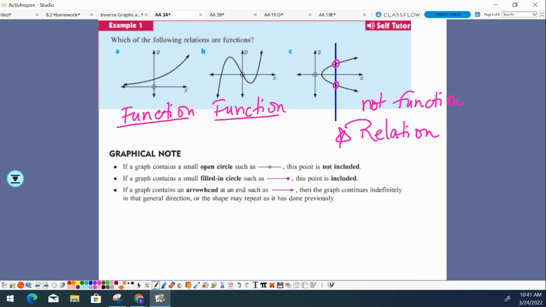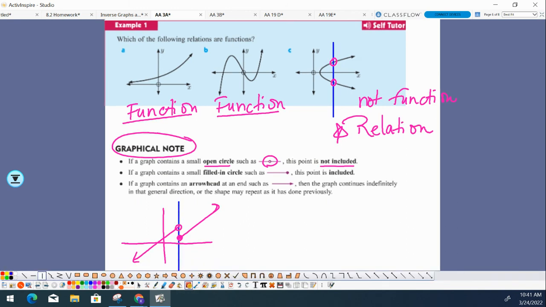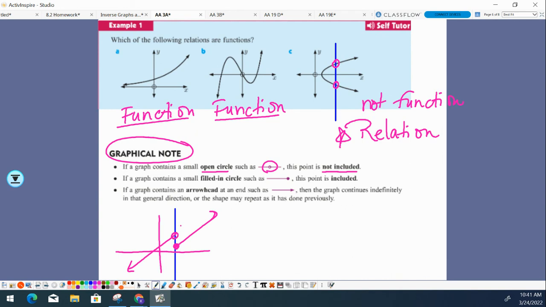Sometimes in reading graphs, look at the graphical note here, you may encounter an open circle on a graph. Once we get into piecewise, you might see a graph that looks like this. If you see an open circle, that point is not included. So if I draw a line through, this point here does not disqualify it, because this is where it actually starts.